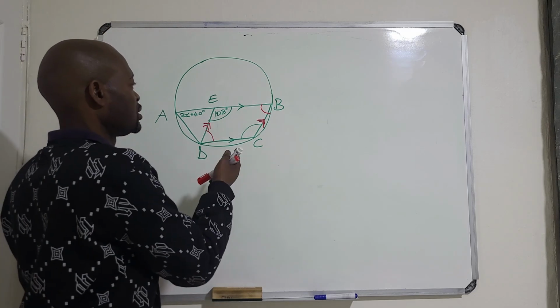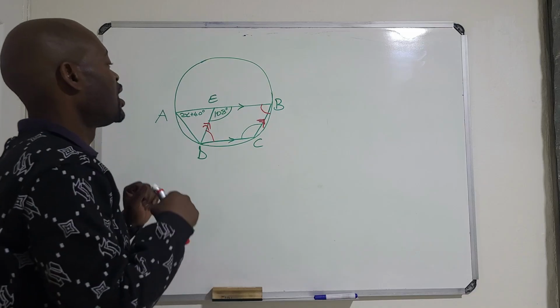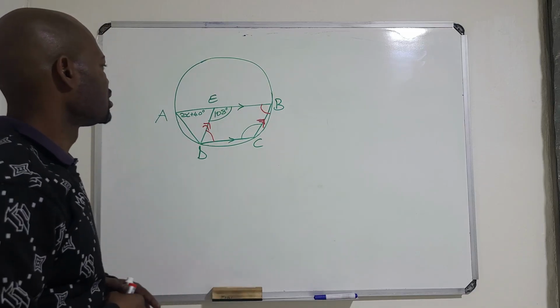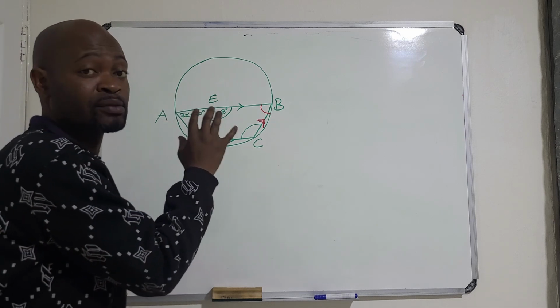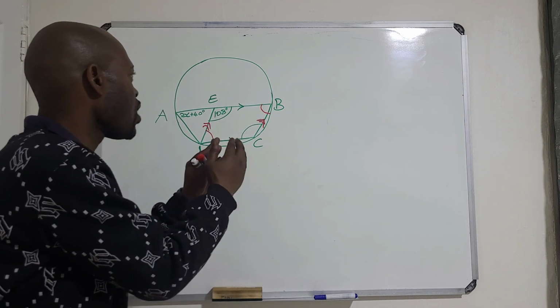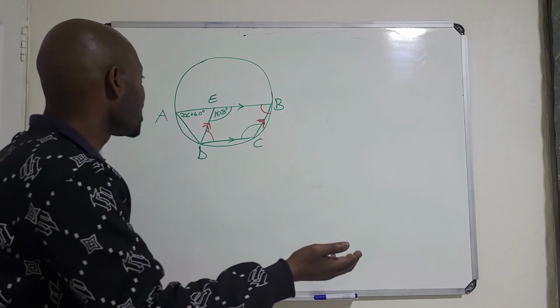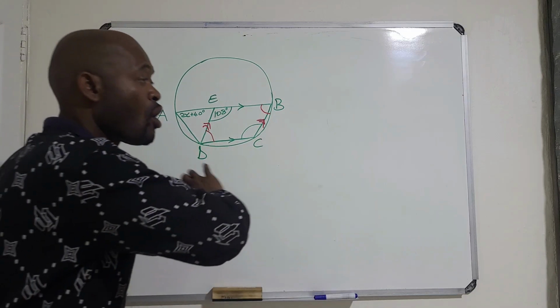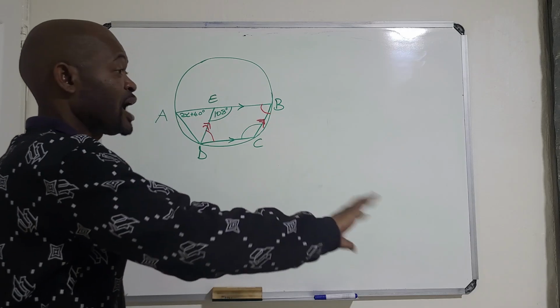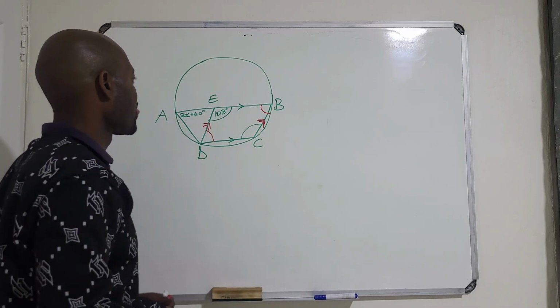Are there chords? Yes, there are. Are there cyclic chords? I'm going to park the question of cyclic chords. Are there tangents? There are no tangents. Therefore, all the theorems of tangents are out in this problem.